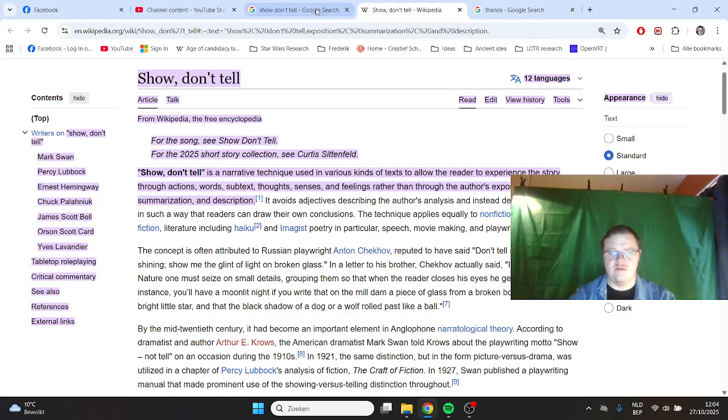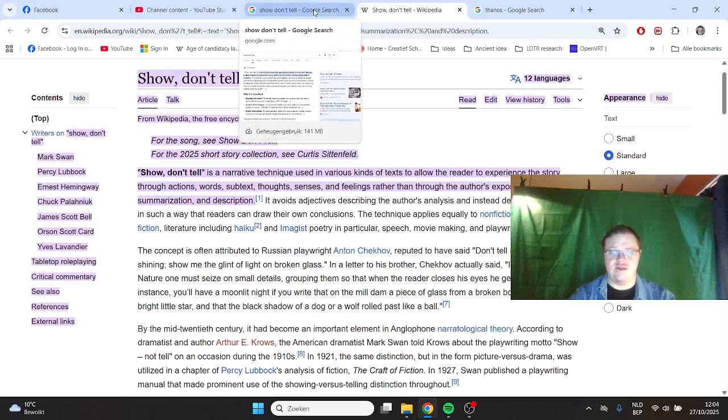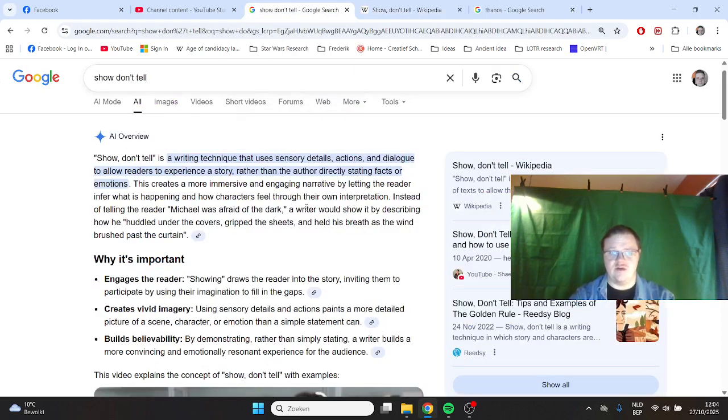Show, don't tell, as you can see in this Wikipedia page and on this overview from Google, is a writing technique that we use to give you the information that you need in the story so that you can know what it is about.